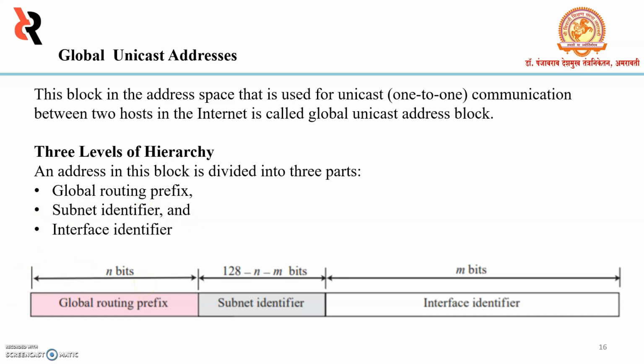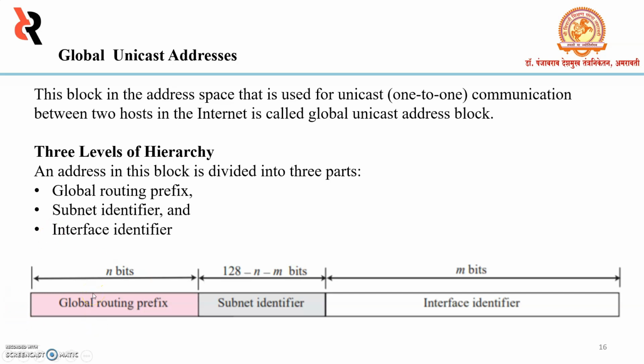These 48 bits are used to route the packet through the internet to the organization sites, such as the ISP that owns the block. Since the first 3 bits in this part are fixed, that is 001, the rest of the 45 bits can define up to 2 raised to power 45 sites. The global routers in the internet route a packet to its destination site based on the value of n.